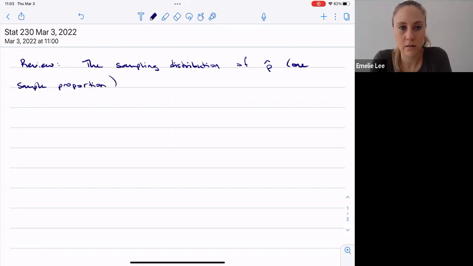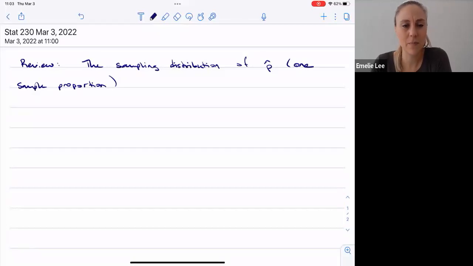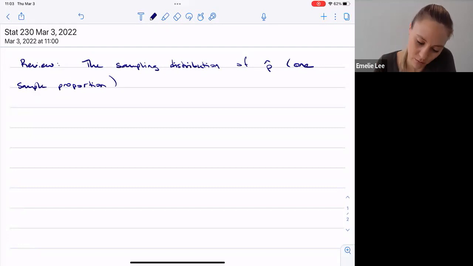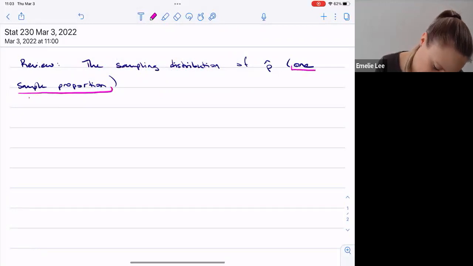That doesn't look like one, does it? A little bit better, maybe. So the sampling distribution of p hat, which is one sample proportion, is going to be the type of question that we're looking at right now. Okay, so here, this is the type of question we are working on.